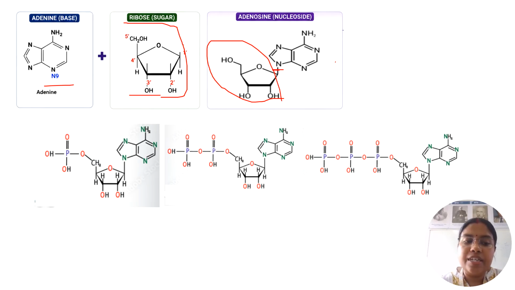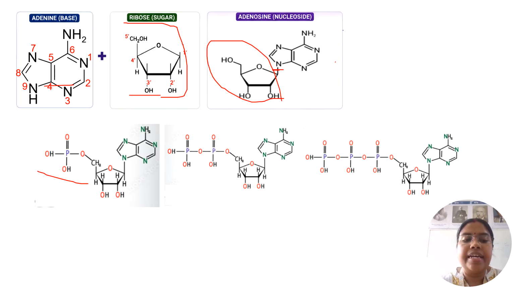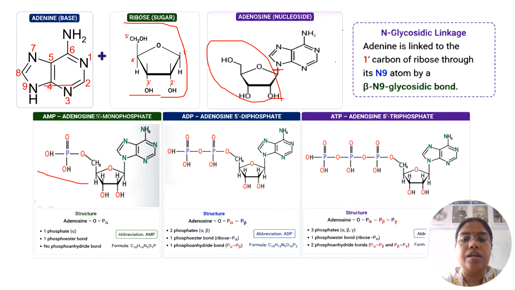And if the phosphate group is present, then it will be adenosine monophosphate. So the C5 position is attached with the phosphate group. Similarly, for adenosine diphosphate, the C5 position is attached with two phosphate groups, and the C1 position is attached with the N9 of the purine.